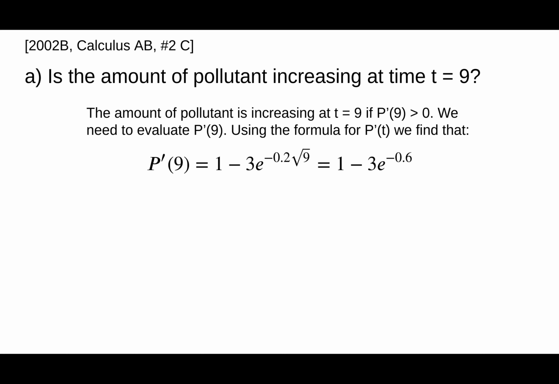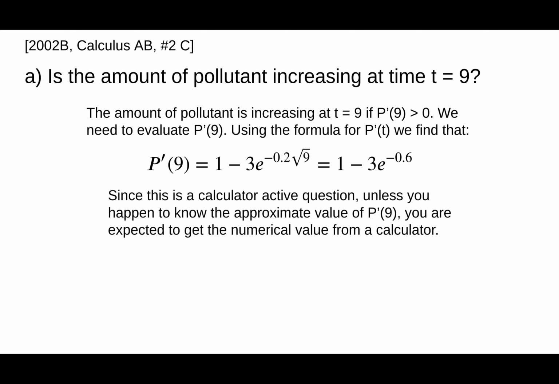So the expression we'd be interested in is p prime of 9, which is 1 minus 3 times e to the negative 0.2 times the square root of 9. The square root of 9 is just 3, so the exponent is negative 0.6. But unless we know what that is, we should use a calculator to come up with a definitive numerical response.